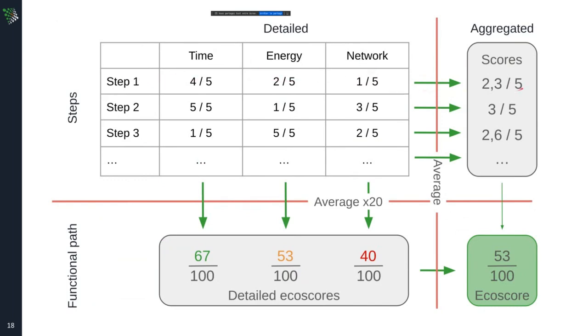So this information regards the steps of the user journey, and it also allows us to estimate the performance of the overall user journey by using the average of the time of each step to compute a new grade out of 100, the average of the energy consumption of each step to compute the average in energy, same for network.